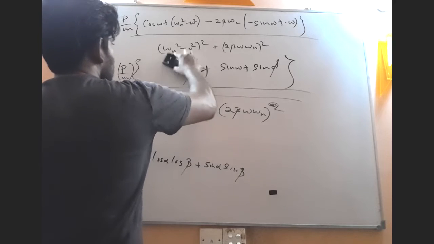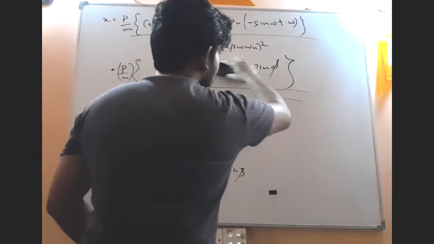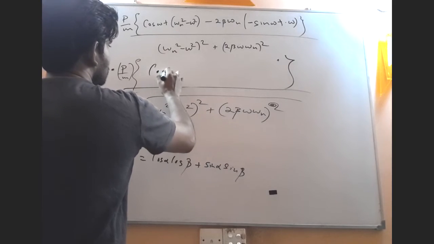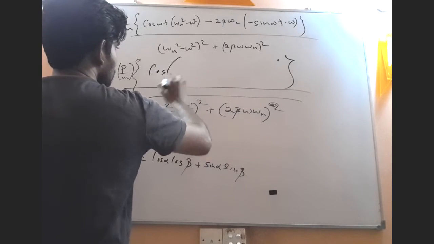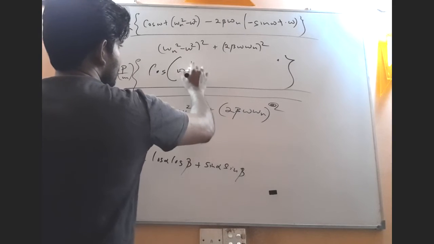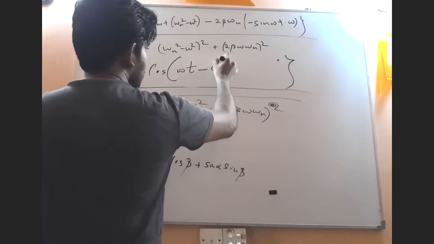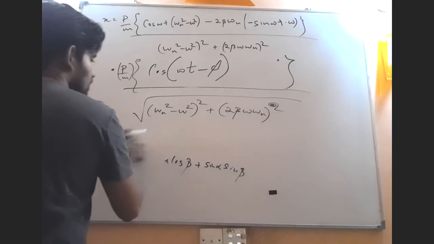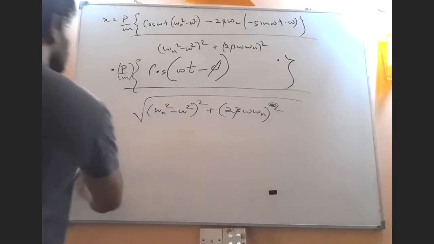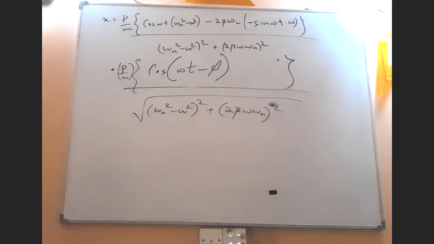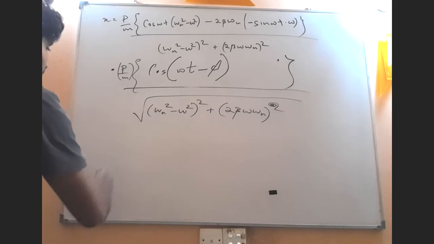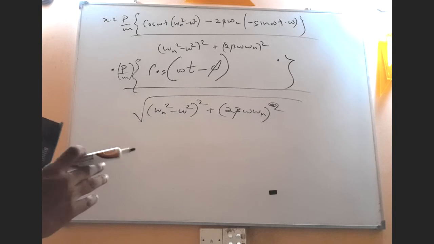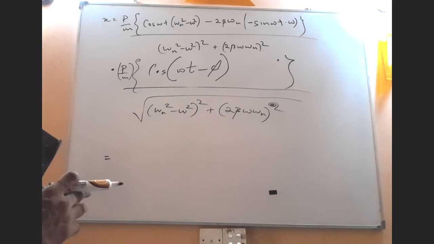So that means you can replace this by, see, that is how we simplify, cos omega t minus phi, right? So now you can again simplify that. Let's see how to simplify.